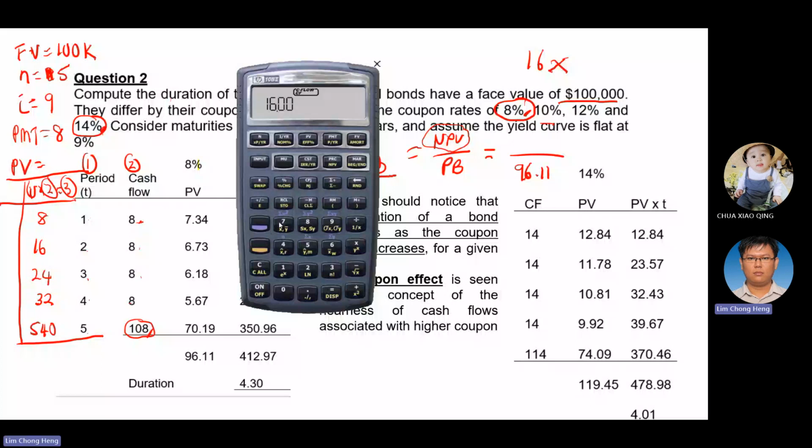And then the 5th year is 540 CFj. After you key in all the cash flow, you want to find the MPV. You go to check the button MPV here.